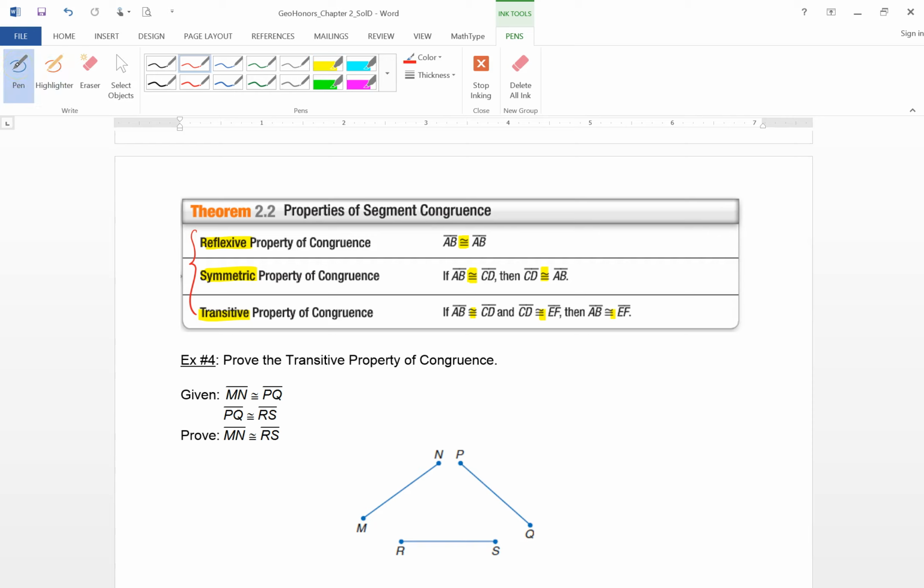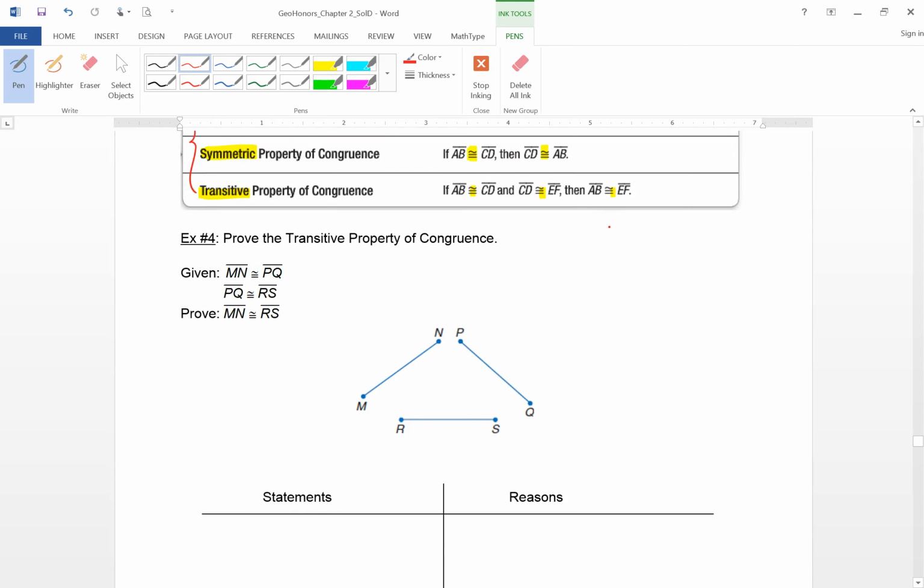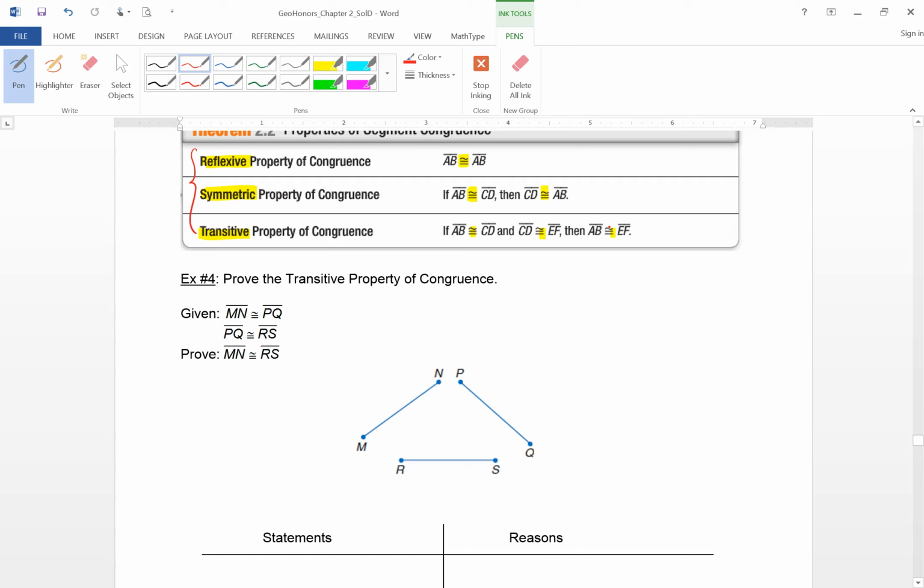Okay? So we're going to now prove the transitive property of congruence. So before, the transitive property of equality was just a property. Now this is a theorem. It can actually be proven. All right, so look at what it says here.